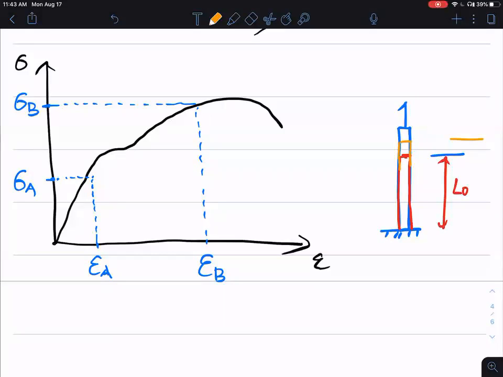So we're going to have a remaining deformation right there. Let's call it LP. It is the plastic deformation caused by that stress, sigma B. And this length right there, let's call it LE. That's the elastic deformation.